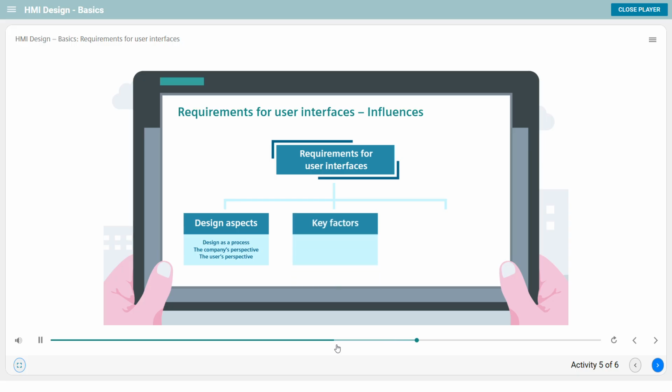The key factors from the chapter on design laws and influencing factors. The guidelines and principles from the standard DIN EN ISO 9241, which ensures all design components are adapted to the specific situation and user requirements.